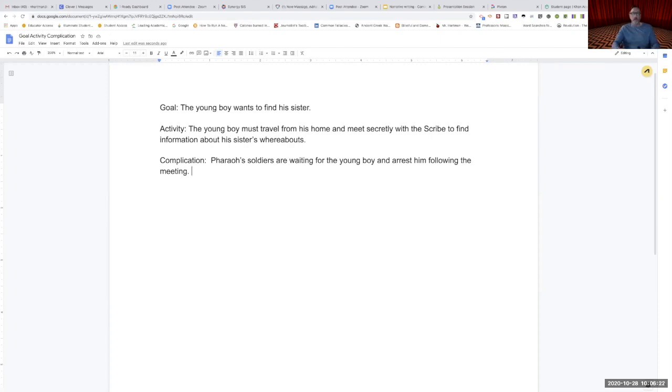And here's the cool thing about goal, activity, complication. So goal. What do you think the main character's goal is going to be now? To escape prison.